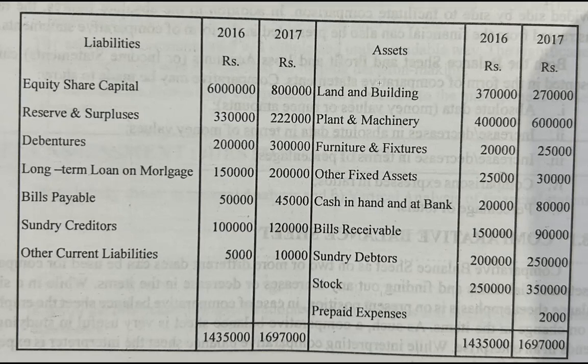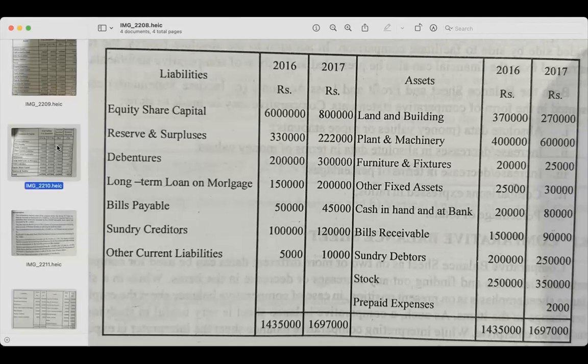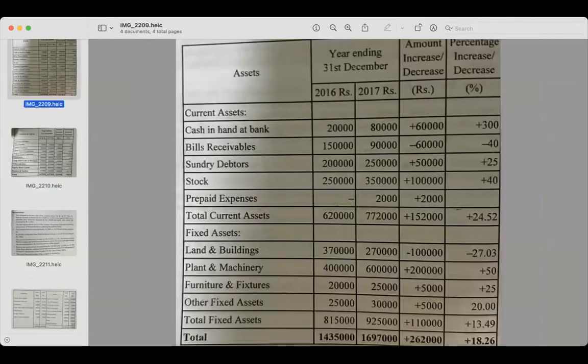You remember these items, then we will go to the solution part. Equity capital, reserves and surplus, debentures, long term, and so forth. First we will take liabilities. Column 1 and column 2 are drawn from the problem.